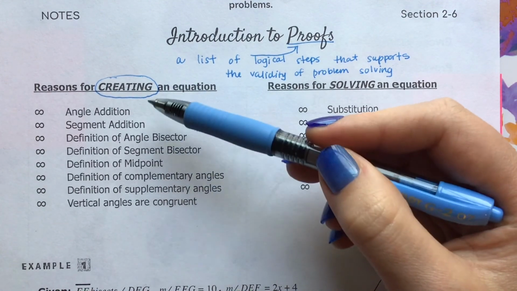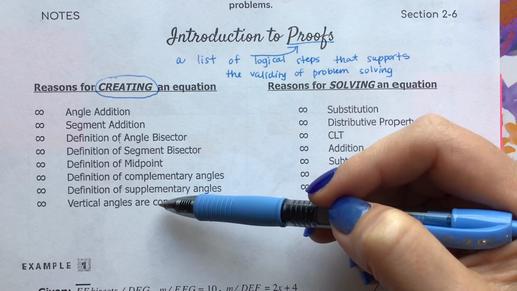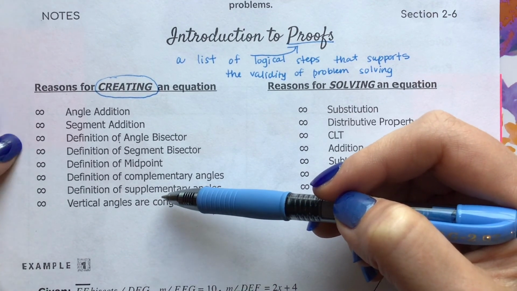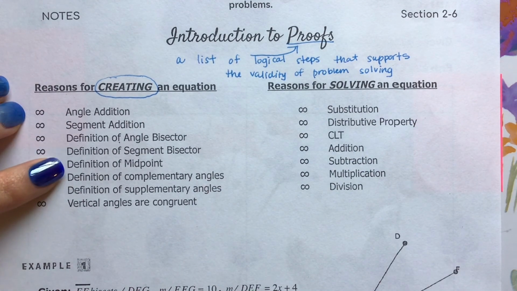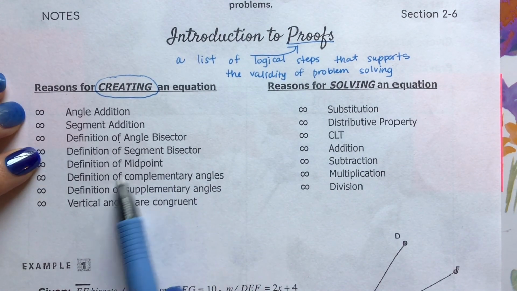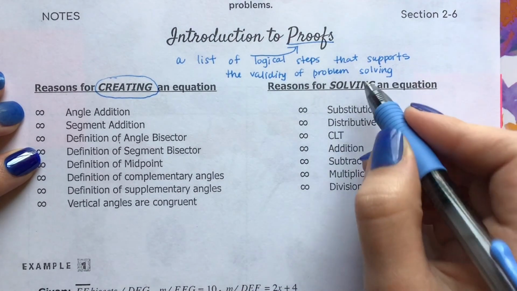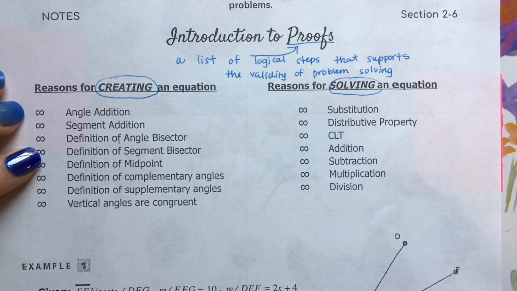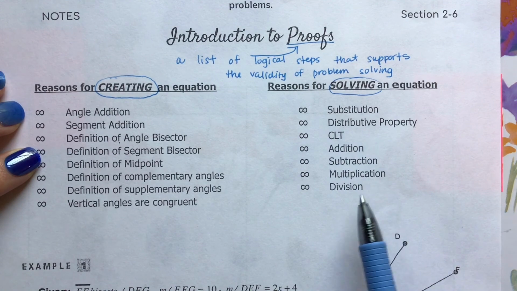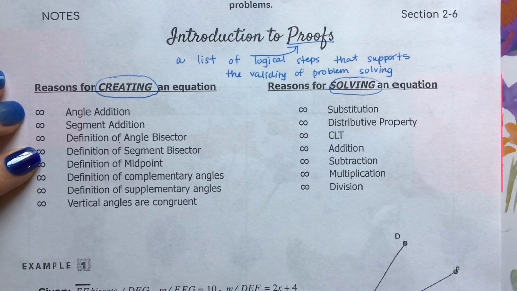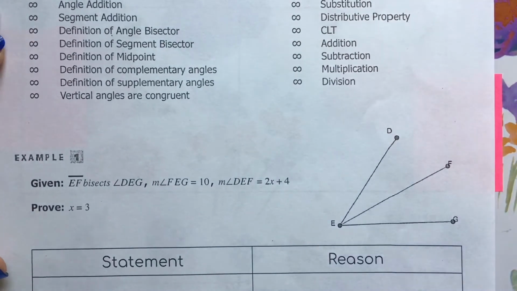We're going to use oftentimes one of these definitions or postulates. But this list is not exhaustive, so we could use something different from this, but these are rather common. Then when we start solving the equation, so that's important, solving versus creating, we use things like substitution or the distributive property or division and so on and so forth. So let's jump right in with our first example, and you can kind of see this in action.